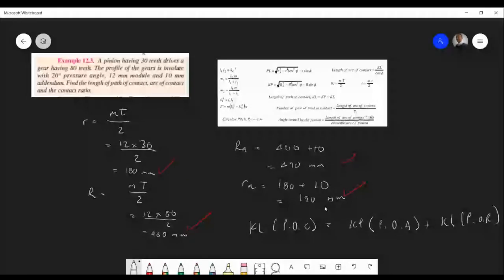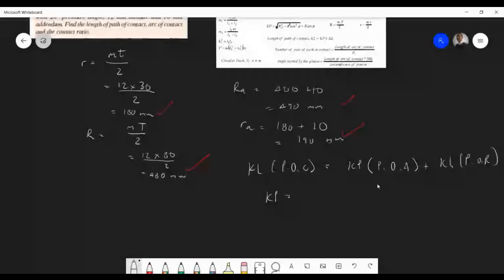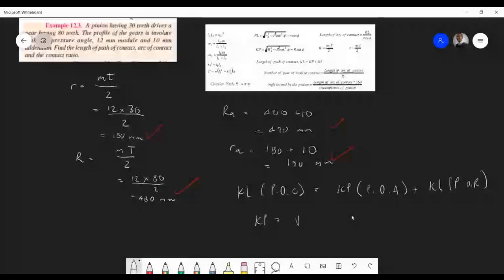Typically, the standard is always using the big one, so it's going to be your big RA squared. I'll just write it in here.